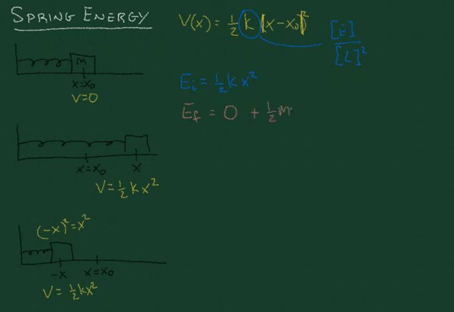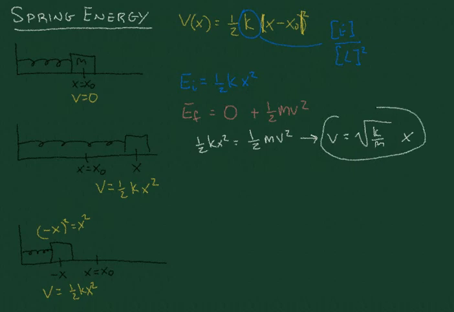It's the only other energy we could possibly have. So 1/2 k x squared is equal to 1/2 mass times velocity squared. So we have a velocity that's equal to the square root of k over m times x. So we see that we have some non-zero velocity at this point, and remember, that means the block is going to be moving to the left.